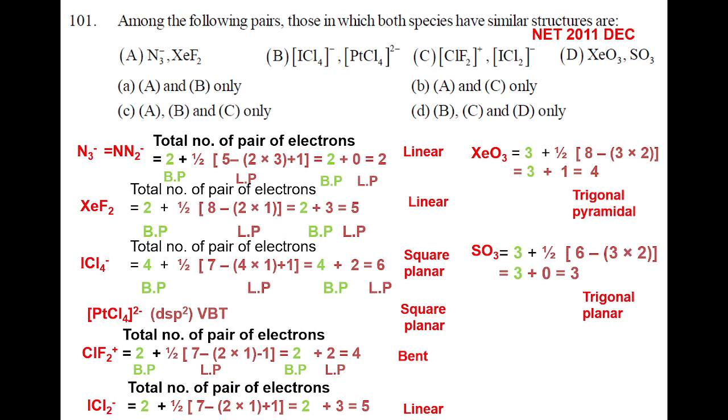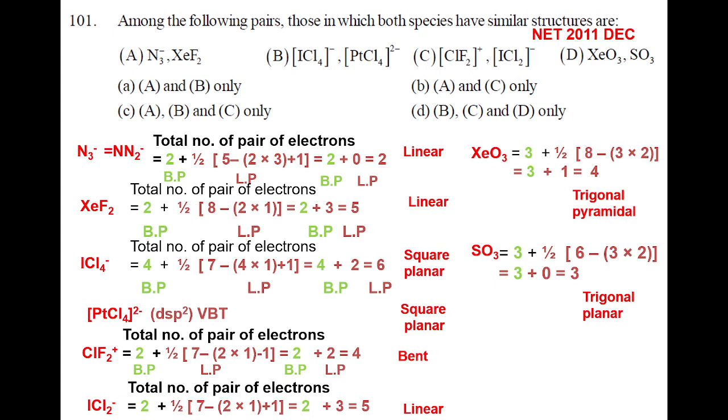N3 minus, as we have discussed earlier, is linear, XeF2 also linear, ICl4 minus square planar, PtCl4 2 minus dsp2 square planar, that is from VBT, ClF2 plus bent, ICl2 minus linear. As you know, XeO3 trigonal pyramidal, SO3 trigonal planar.